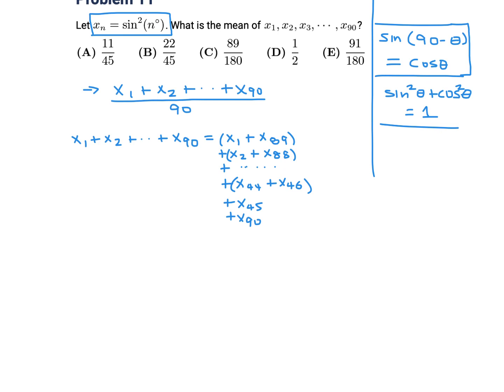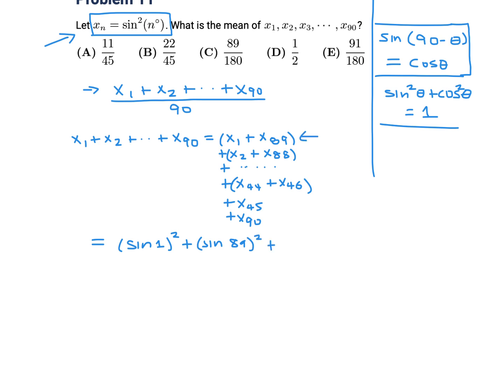Okay, so why did I do that? Well, we now have to use the formula that they gave me. So that's going to be sine of 1 all squared plus the sine of 89 all squared for this one.